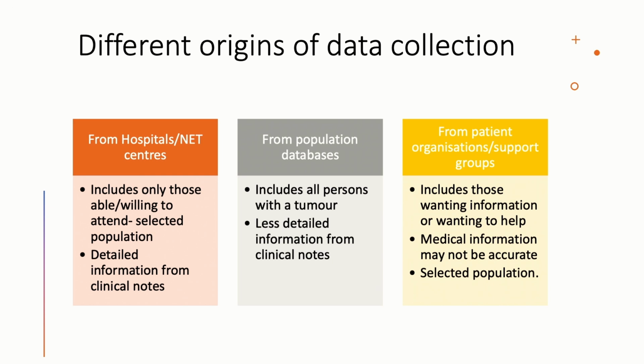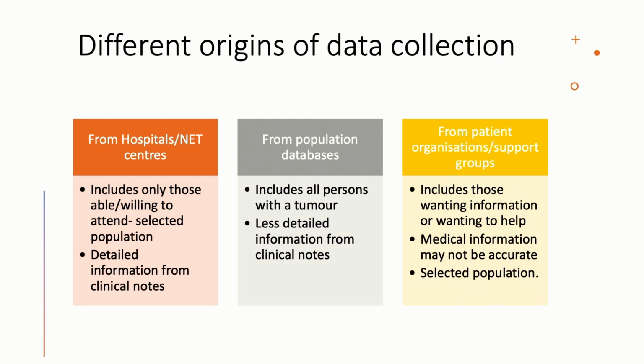And the funny thing is that these population databases are often completely divorced from the NET centres. So the clinicians working in the NET centres often don't have access to the population databases and vice versa, which is a weird thing, isn't it? Because you would have thought they would be talking to each other. But I know in the Netherlands, they do talk to each other, and I think in Sweden and Norway, but in a lot of countries, there's no crosstalk.